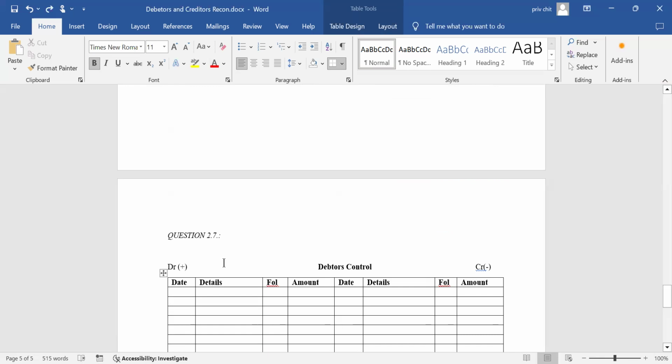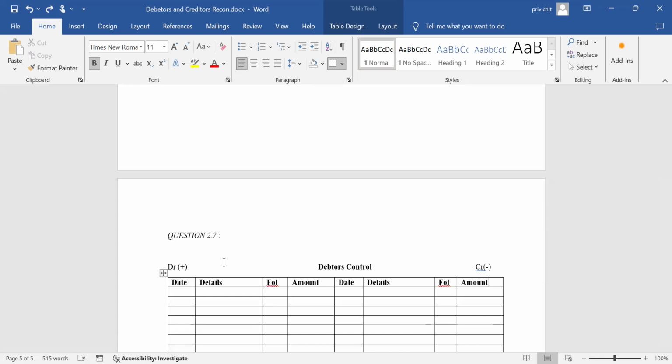Number one, they have totals as at the 1st of March 20.9. According to the debtors list, they've got a balance of 24,030 rands. According to the creditors list, they've got 19,530. Then we've got transactions for March 20.9, on which all amounts include VAT where applicable.